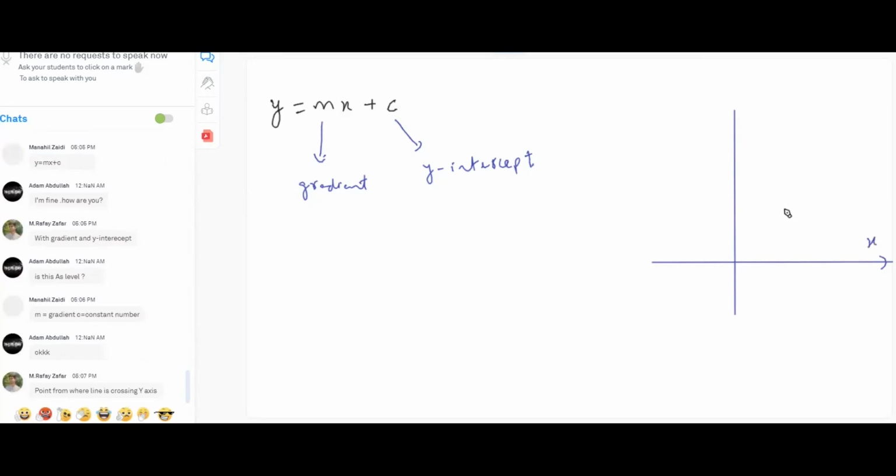So this is my x coordinate. This is my y coordinate. Y-axis and the x-axis. Let's say I've got 2 points here.